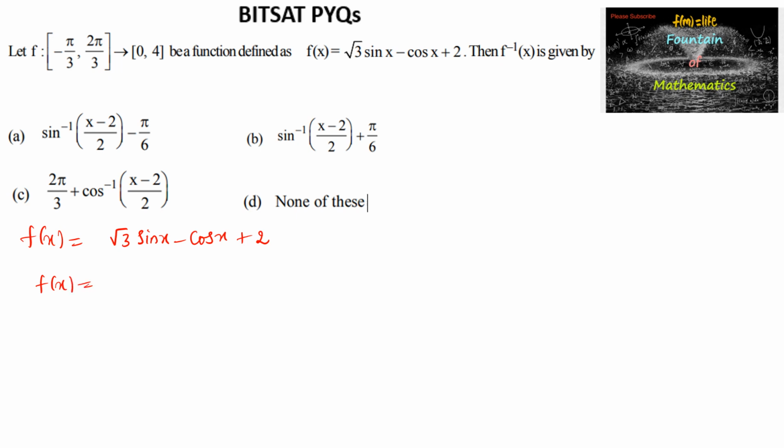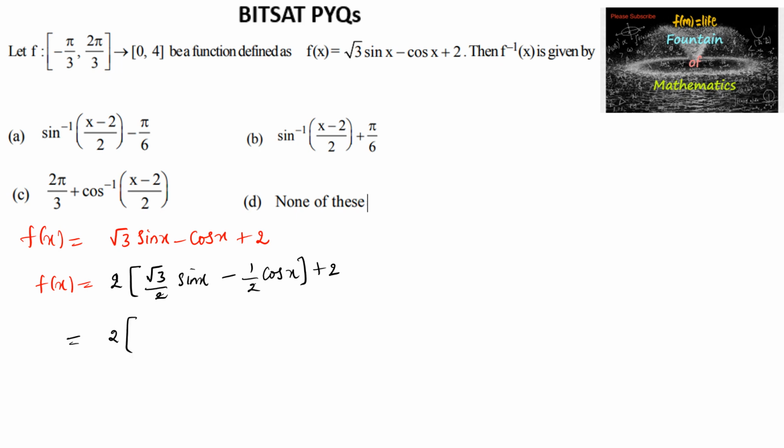We can write f of x is equal to, multiplying and dividing with 2, so we can write root 3 by 2 into sin x minus 1 by 2 into cos x, plus 2.